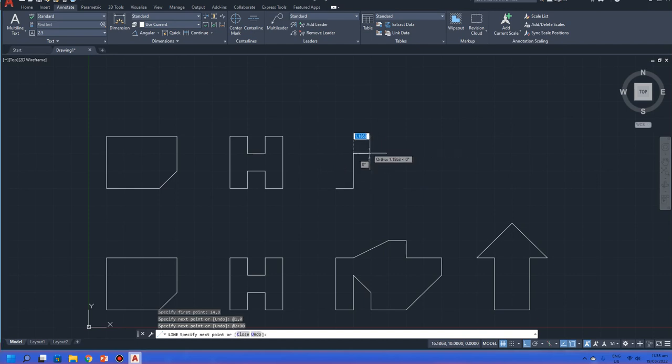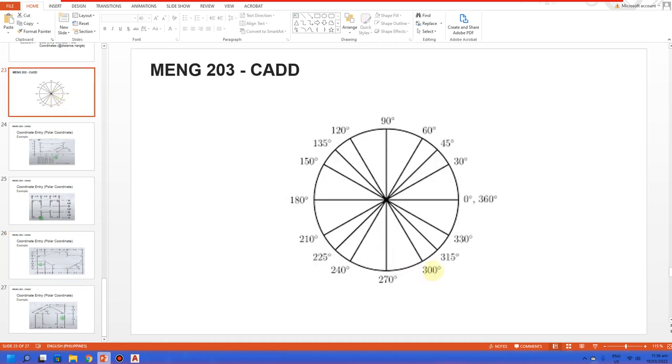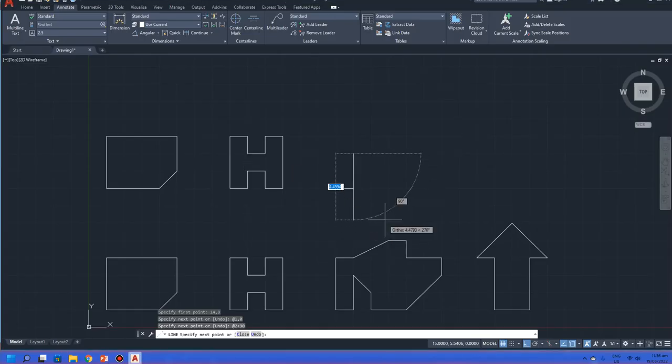The distance is 1 and the angle is 315. Okay, let's try to do that. Distance 1, angle is 315.